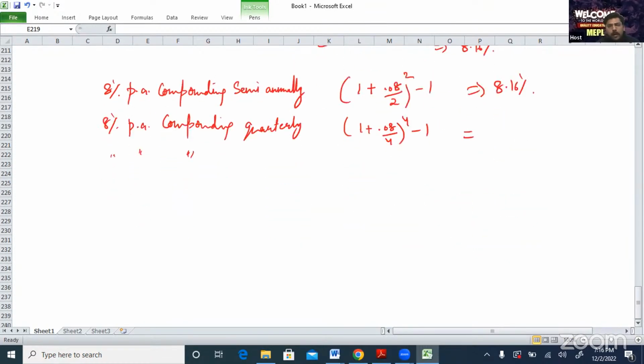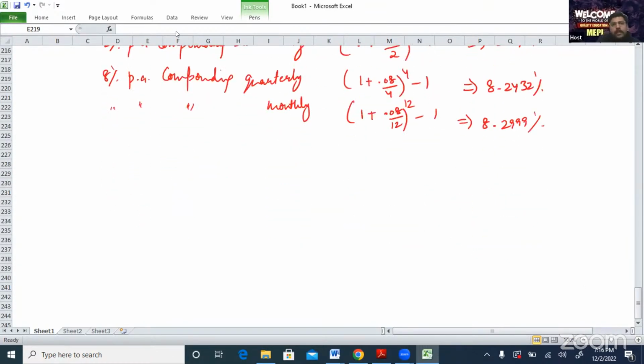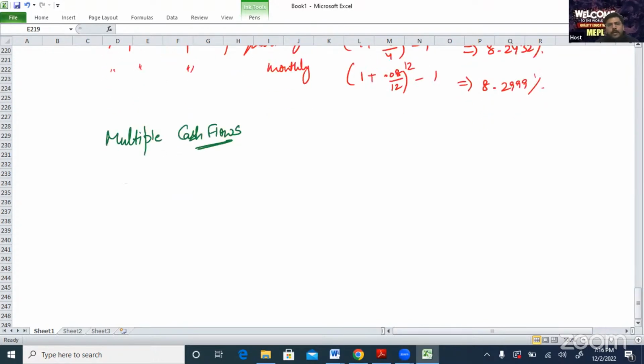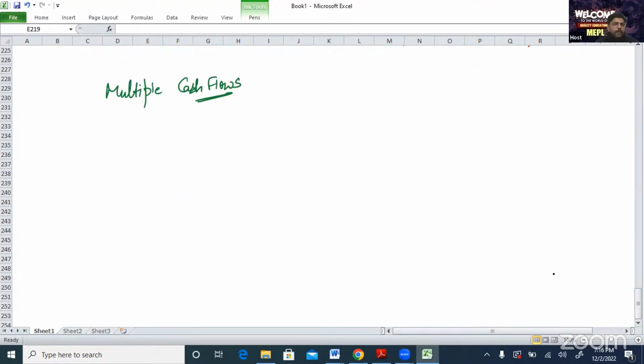Okay. Now let me come on to the concept if there are multiple cash flows. Now if we see, let me say this is time period 0, this is first year, this is second year, this is third year, and this is fourth year.